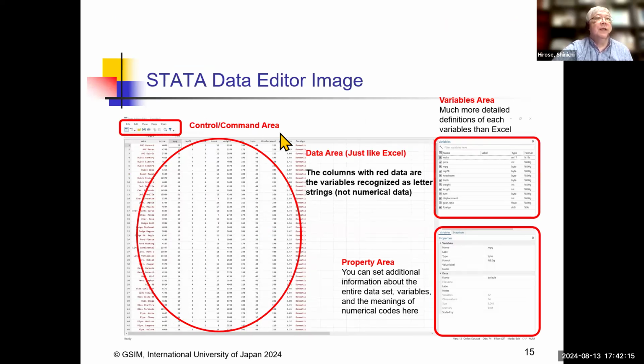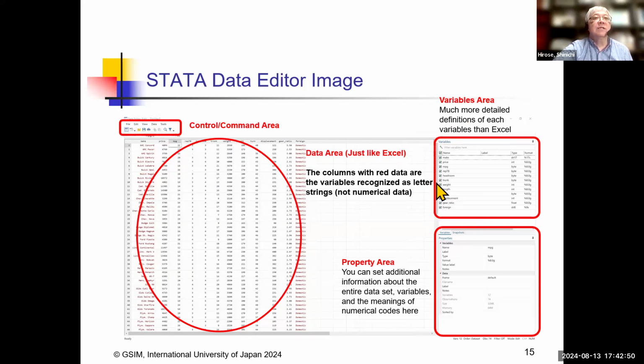So, as we have seen here, we have a data area, just like Excel. And here we have a control and command area to save or open a file. And here we have a variable area, which is special to Stata and different from Excel. In Stata, we differentiate the data field and the variable field.